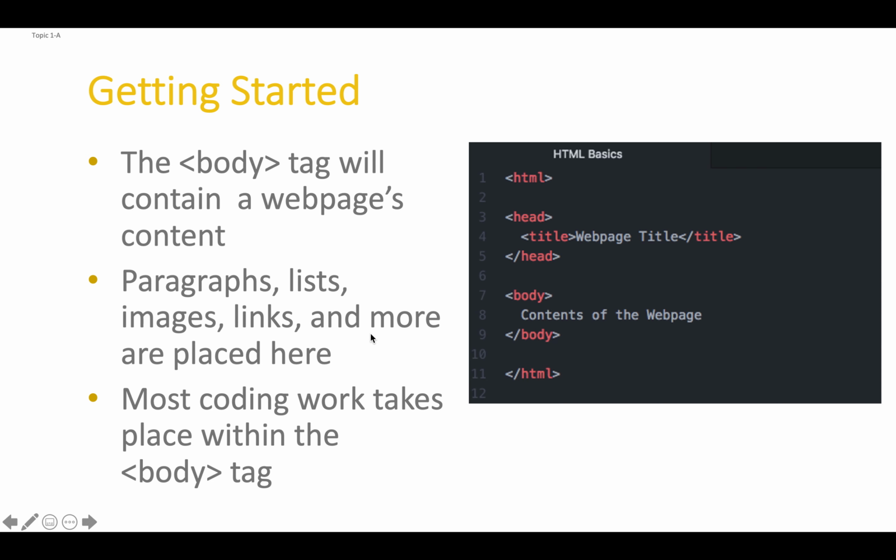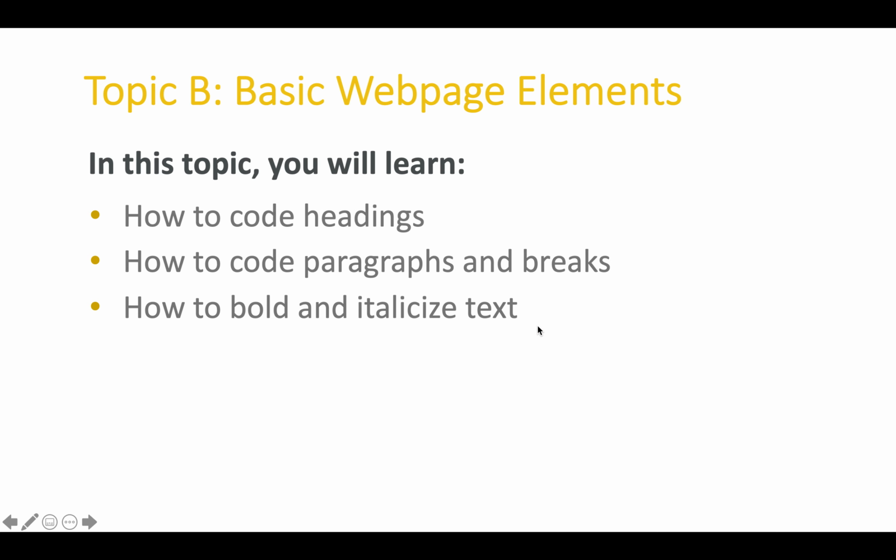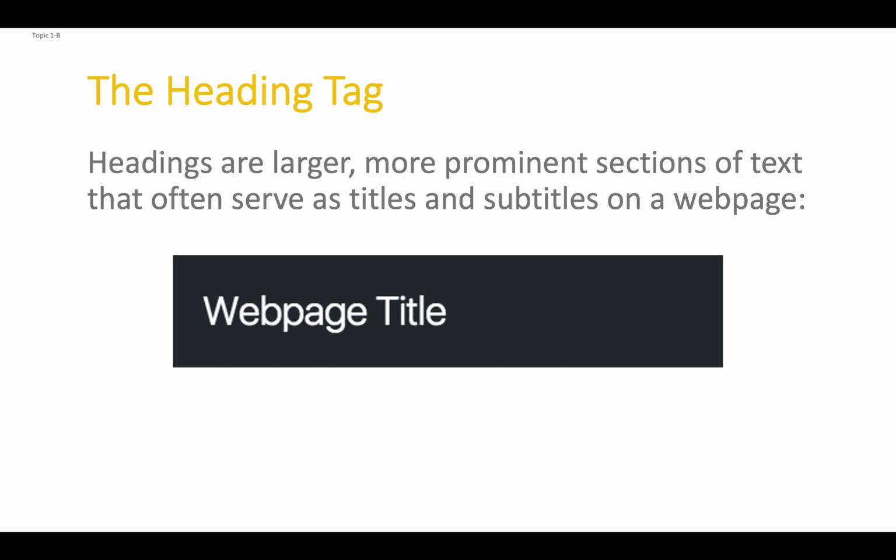Most coding work takes place within the body tag. We're going to move on and learn about headings, paragraphs, breaks, bold, and italics. The heading tag is the H1 tag that we were using earlier.